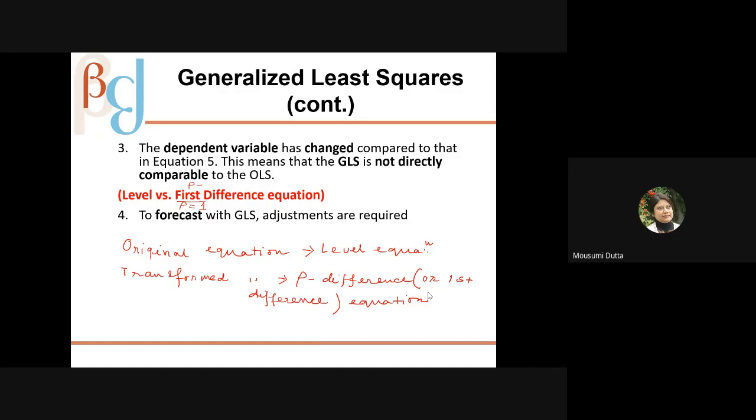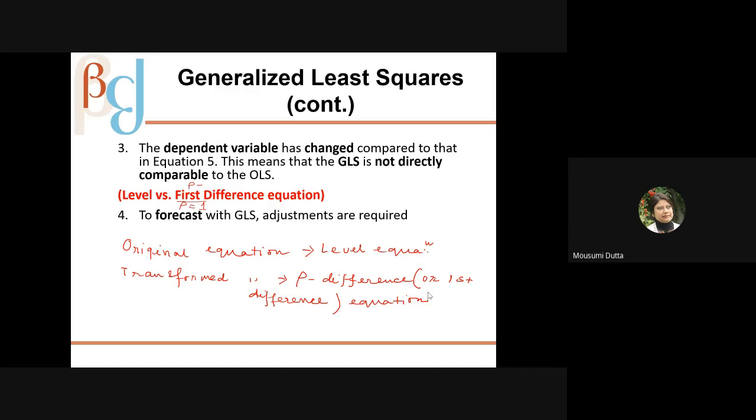Okay, so up to this is more than sufficient. We are not talking about forecasting or prediction in the context of autocorrelation, heteroscedasticity. We are not doing these things in this course. So you can avoid the last point. You can remember that for further analysis, that is for hypothesis testing, etc., you will consider the new model, because the new model is giving you the best linear unbiased estimator.